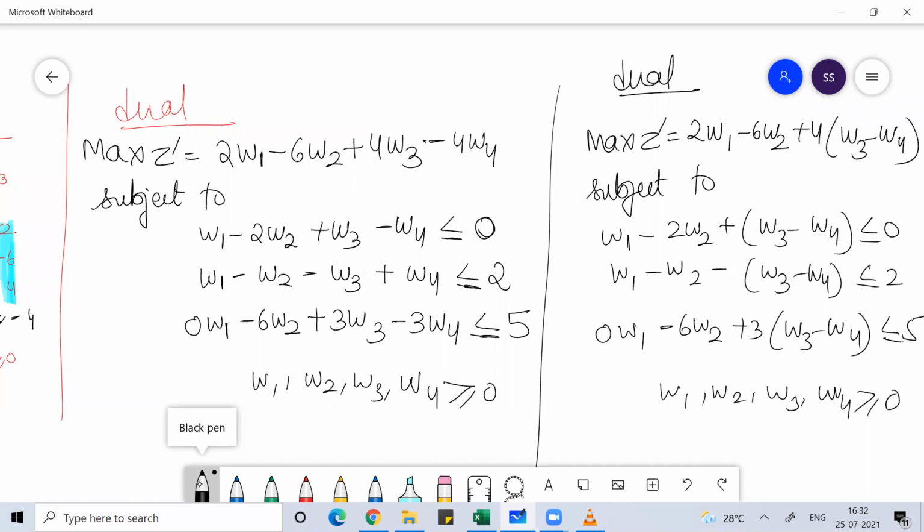Now guys, if you notice, w3 minus w4 is common in all of them.